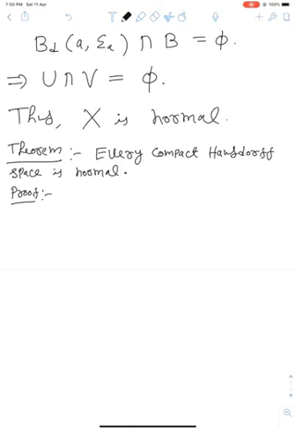But there are two steps for this theorem. In the first step, we shall prove that the topological space is regular, and then in the next step we shall prove that the topological space is normal. So there are two steps. First of all, we assume that, so let X be a compact Hausdorff topological space.